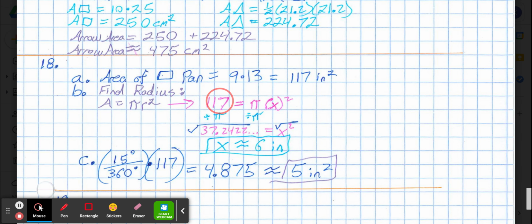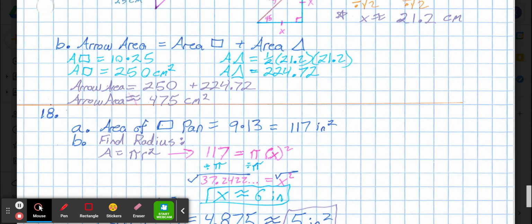So 117 would equal pi times x squared, our radius. So if we divide the 117 by pi, I would have 37.2422, whatever the rest of that decimal is, equaling x squared. Take the square root, and the closest whole inch would be 6 inches. So the radius would have to be 6 inches.